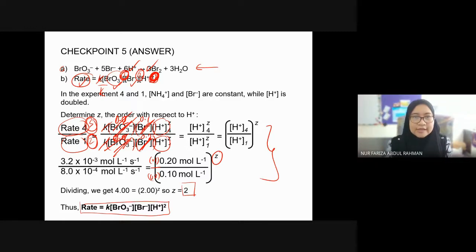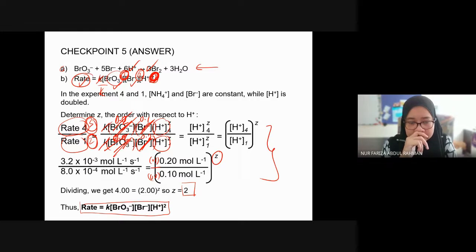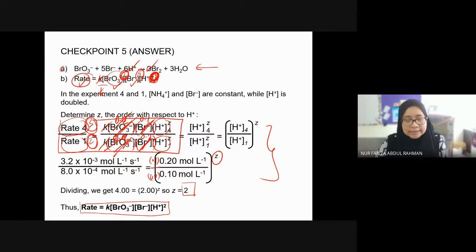Okay, right? Any other question? Madam, kalau dia bagi 3 reaktan memang kena guna 3 reaktan je? Tak boleh kita pilih macam BrO3 minus dengan H plus je? By right, kena.